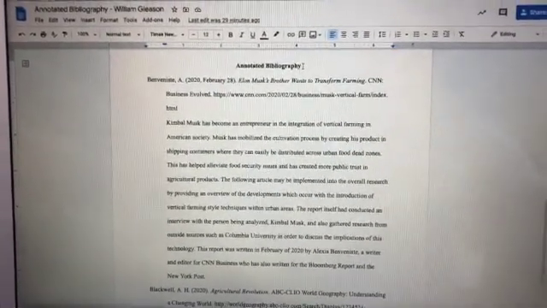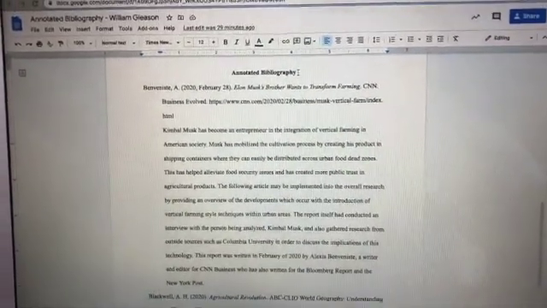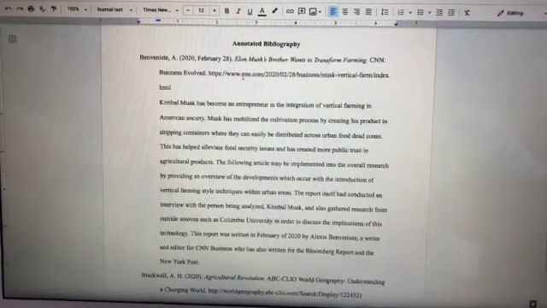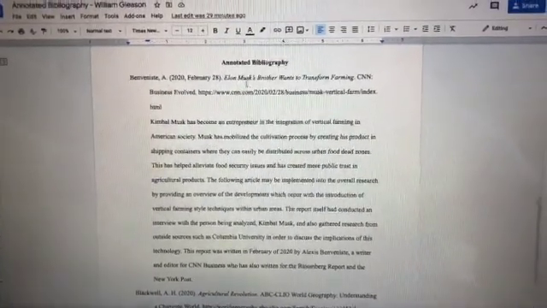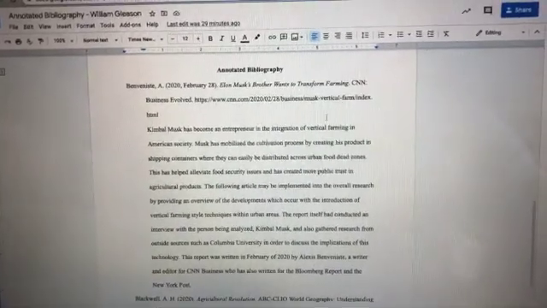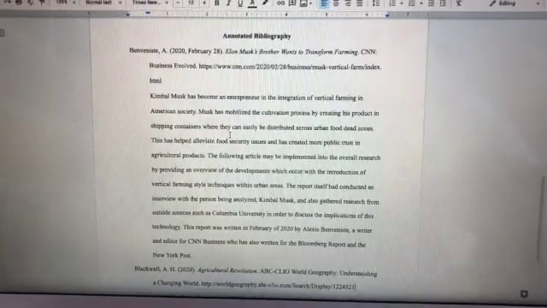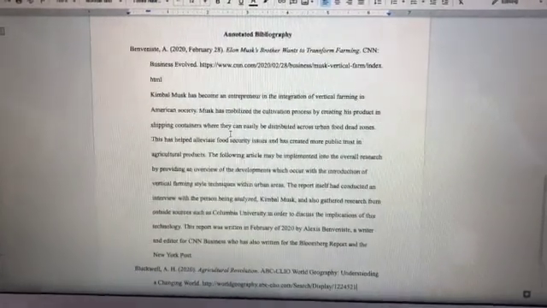I may go over that another day, but not for right now, at least until I start writing the main portion of my research paper. So here we have above basically the same format as MLA. We have the citation up here, and then we have the annotation down here, which answers the primary questions involved.